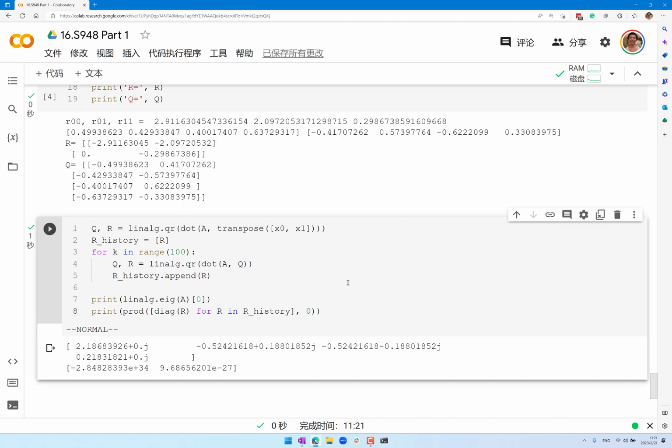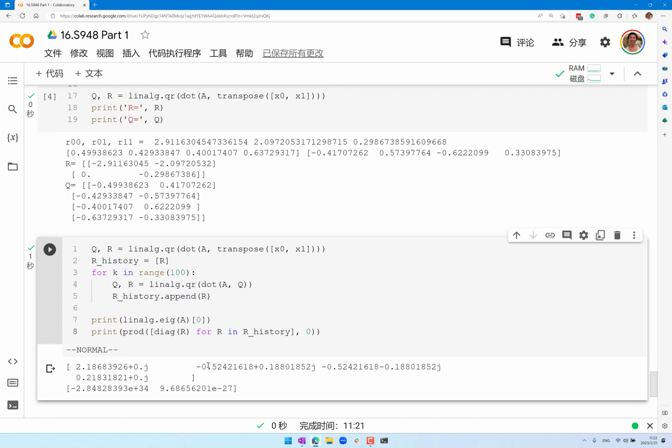So this algorithm, just like the previous one, depends on the gap between the second and the third eigenvalues, so it won't really work in the sense that it won't be able to compute the actual eigenvalue. It'll capture the magnitude of the second eigenvalue, but it won't be able to compute the eigenvalue itself.